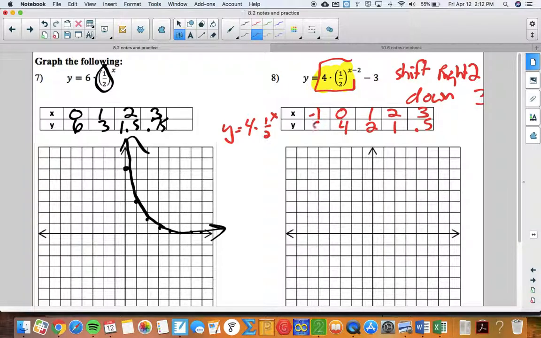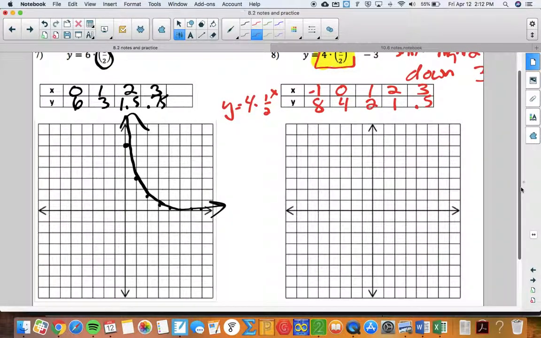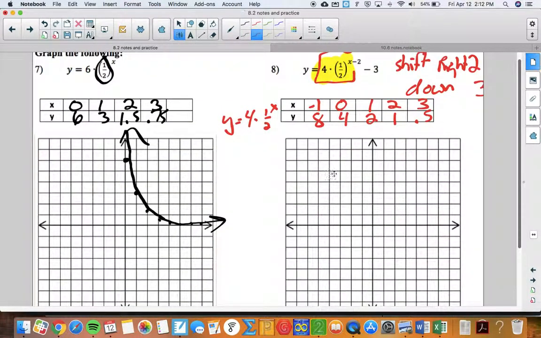Negative 1 will actually fit on here this time. So let me graph this portion. Now this is kind of like my parent function, but it's not the end function. So negative 1 is at 8, 0 is 4, 1 is 2, 2 is 1, 3 is 0.5, and there it goes.